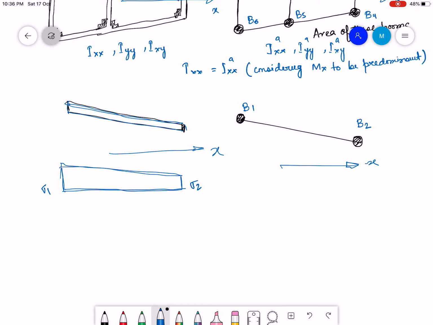So this is the direct normal stress distribution on the inclined flange.